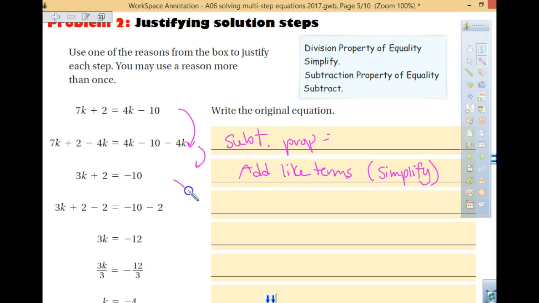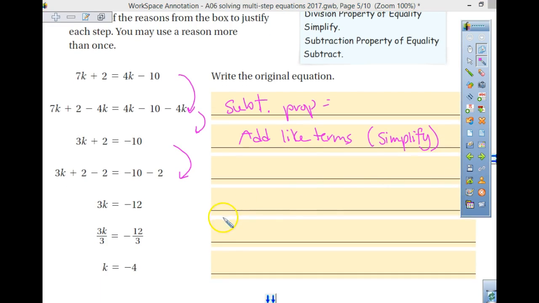All right, so now from this line to down here, Gavin, what are we looking at doing? Subtracting again, right? So subtraction property of equality. All right, if we continue, Dylan, to get from this line to this line.